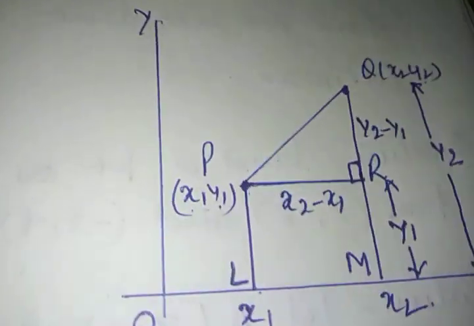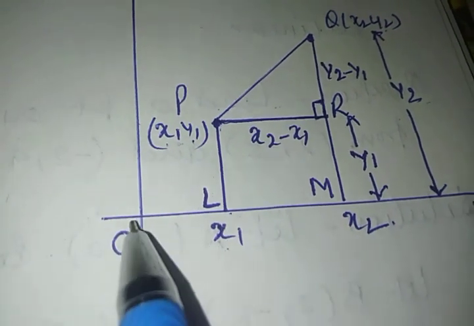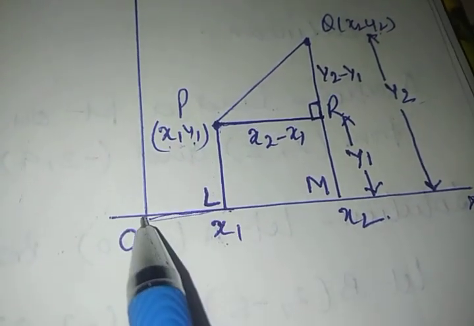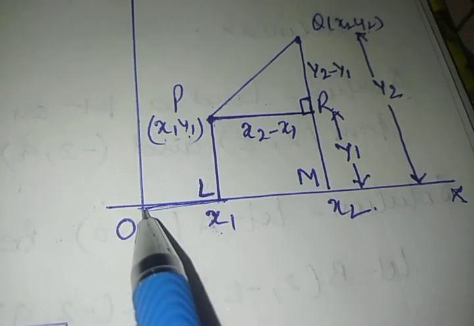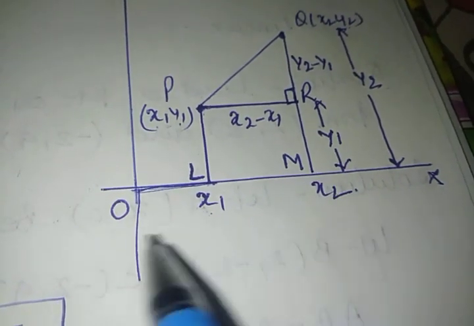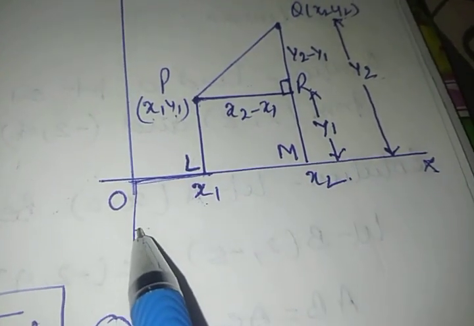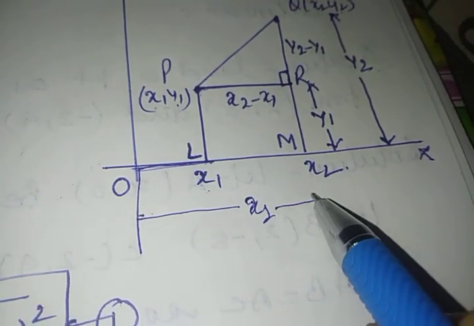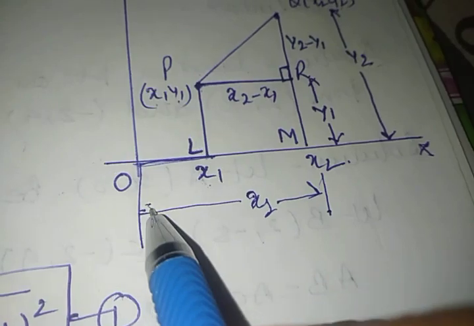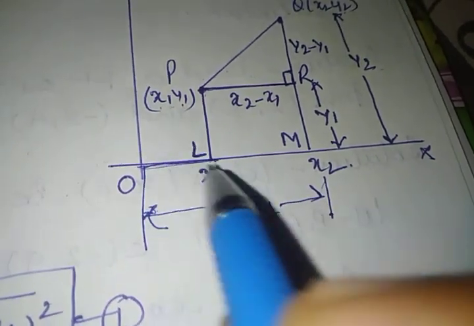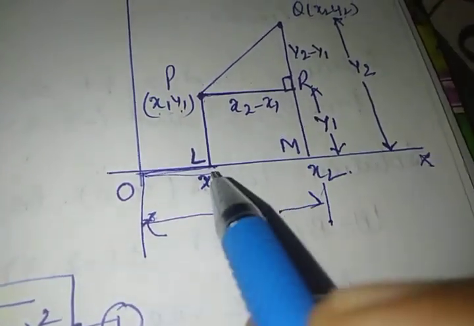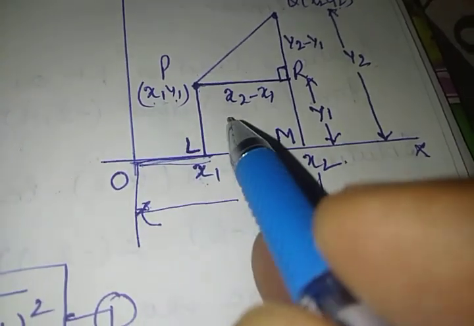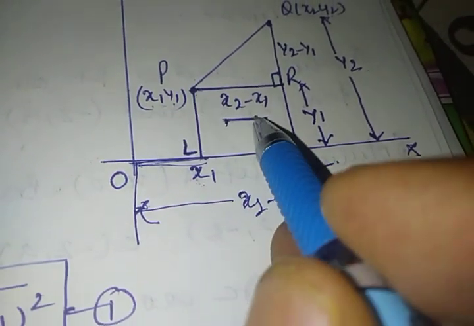Now since this is x1, this distance will be x1, and since this is x2, measured from origin, this will be the distance x2 up till here. And this is your x1 here. So this distance LM will be x2 minus x1.